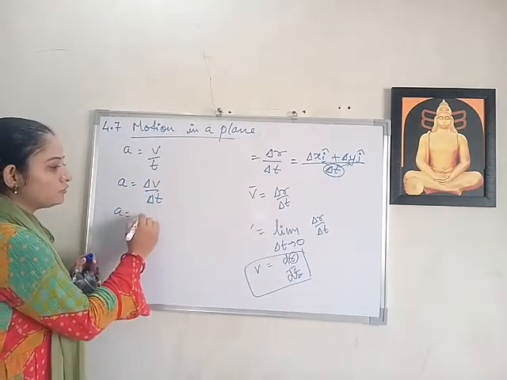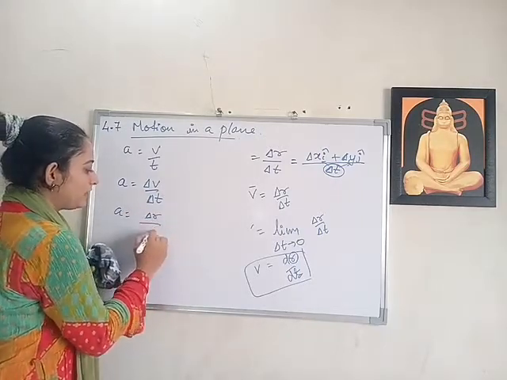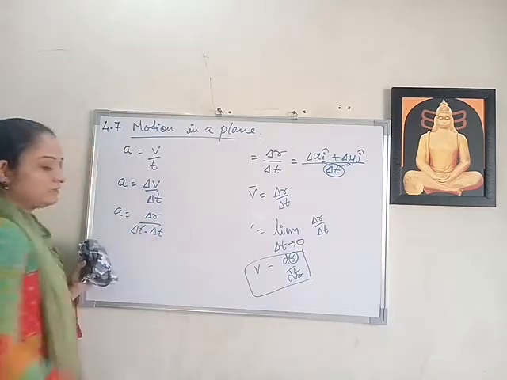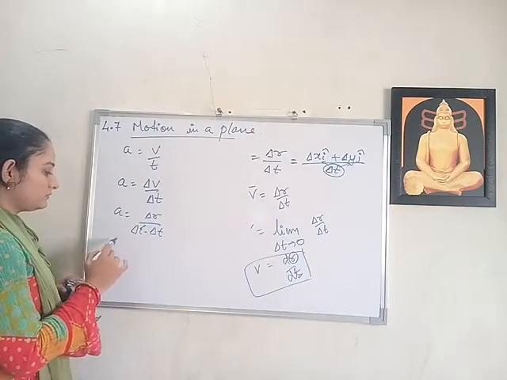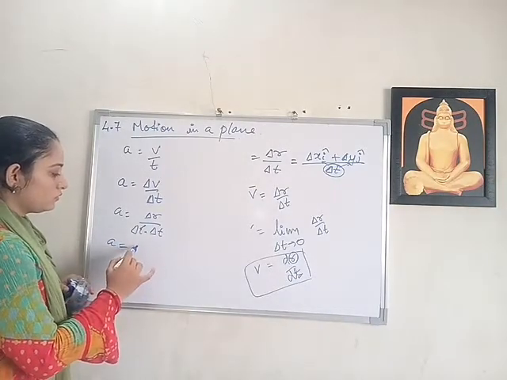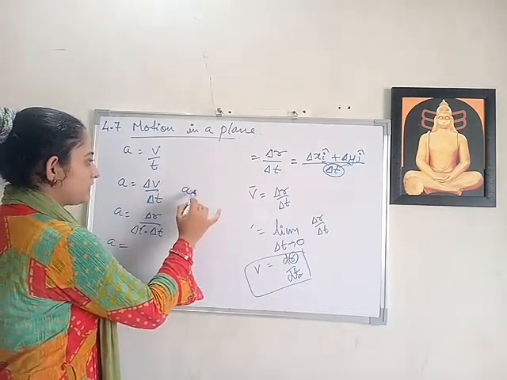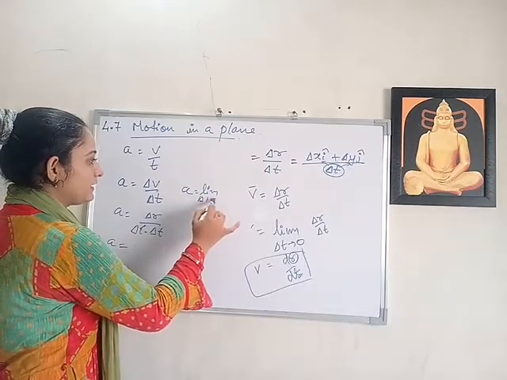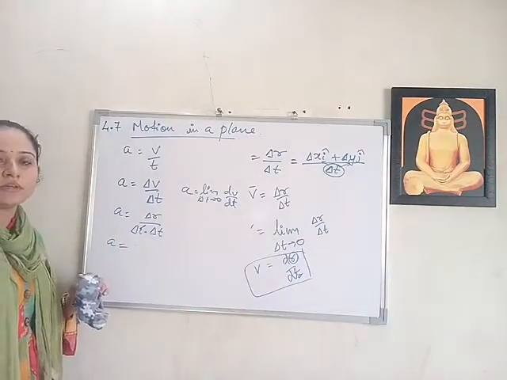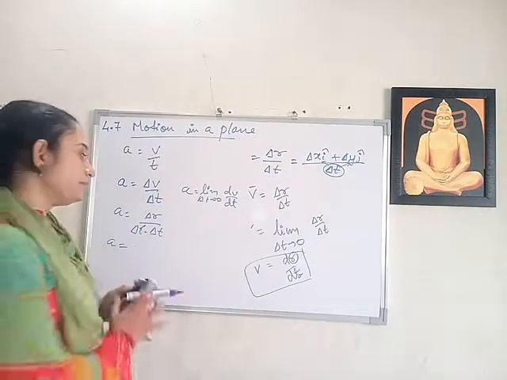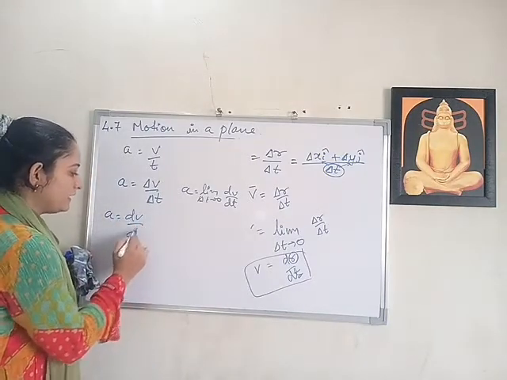So if we want the instantaneous acceleration, you can write instantaneous a equal to limit delta t tends to 0 of delta v by delta t. What you can write? dv by dt. So here a will be equal to dv by dt.